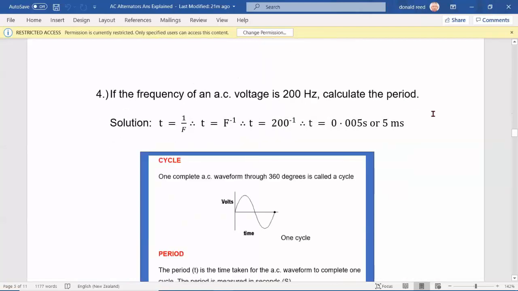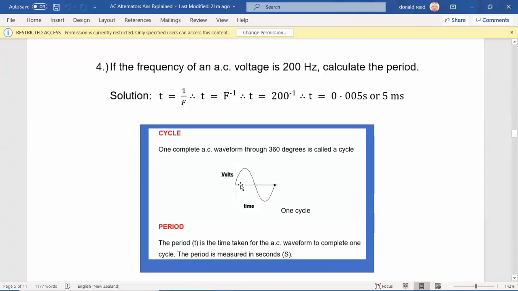On to number 4. If the frequency of an AC voltage is 200 hertz, calculate the period. Okay. Remember, the period is the time for one cycle. We have 200 hertz.